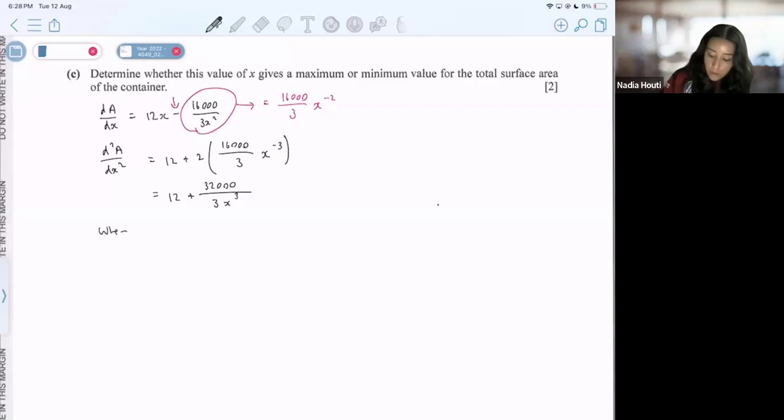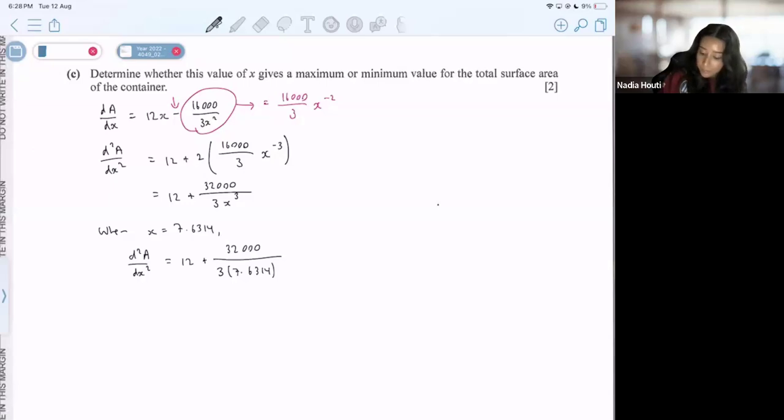So when x equals 7.6314, d2A dx squared is equal to 12 plus. So you really just sub in 7.6314 and sub in the 5SF answer always.